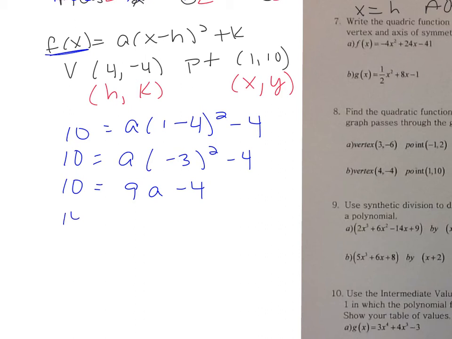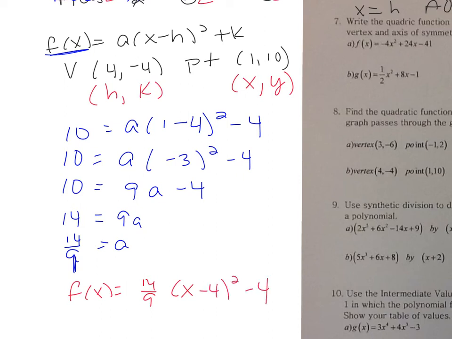Add 4, I get 14 equals 9a. Divide by 9, a is 14 ninths. So my equation is f of x is equal to 14 ninths times (x minus 4) squared minus 4. Okay, so let's take a look at number 9.